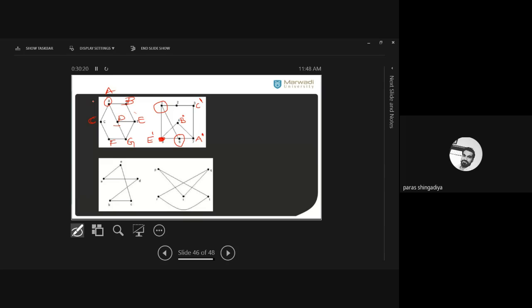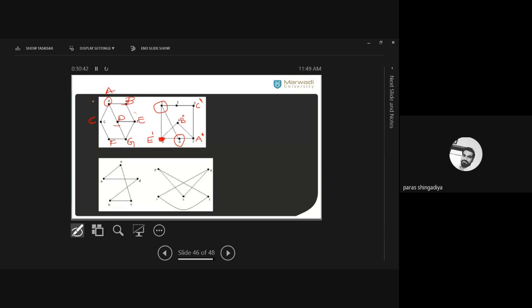If I consider this place to be G, if I put G dash here, the place below, in between E and A dash, then it is not correct. Why is it not correct? Because there is no adjacency relation between A and G in the first graph.